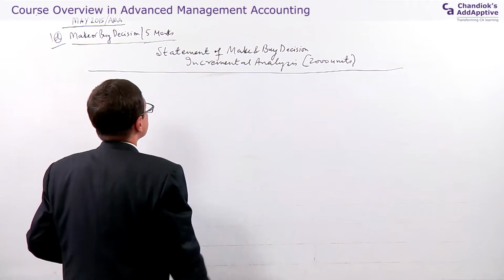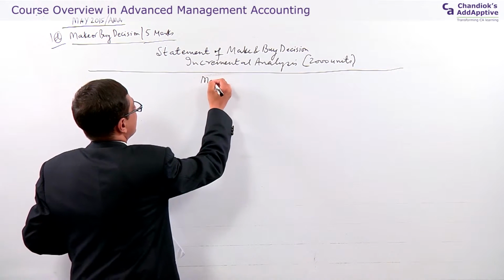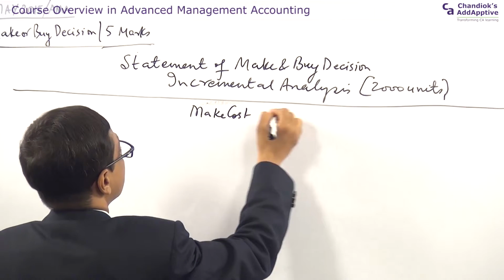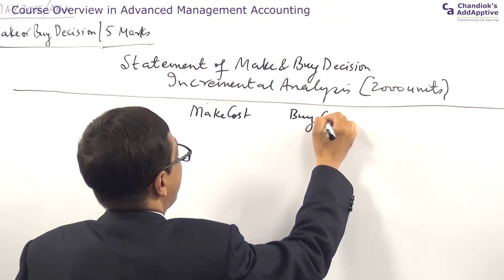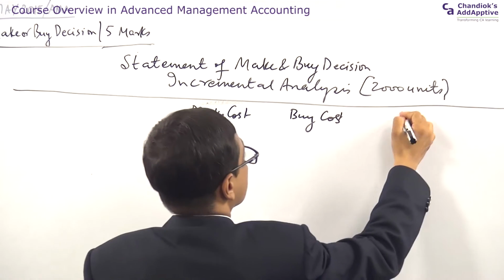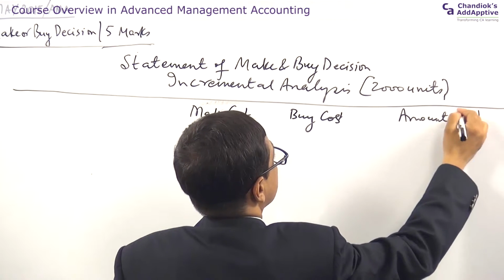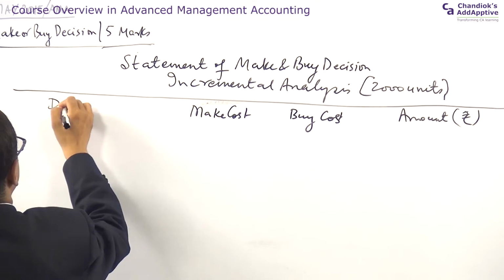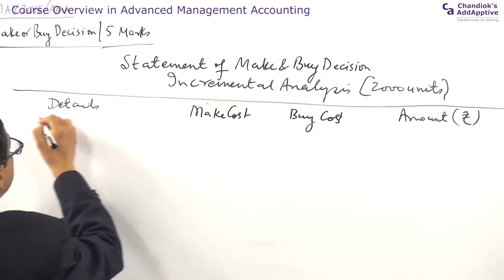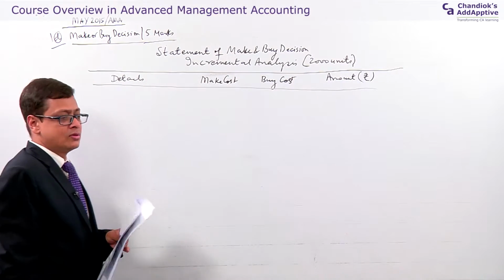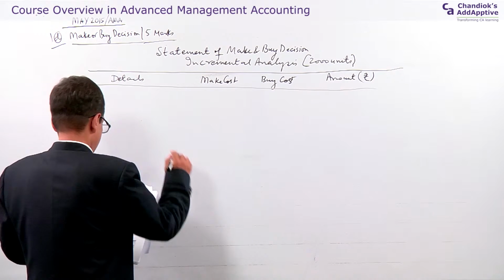Do it slowly with me. The format is make cost, buy cost, amount in terms of rupees. Details will appear here. So this is the format what we are going to use, friend.